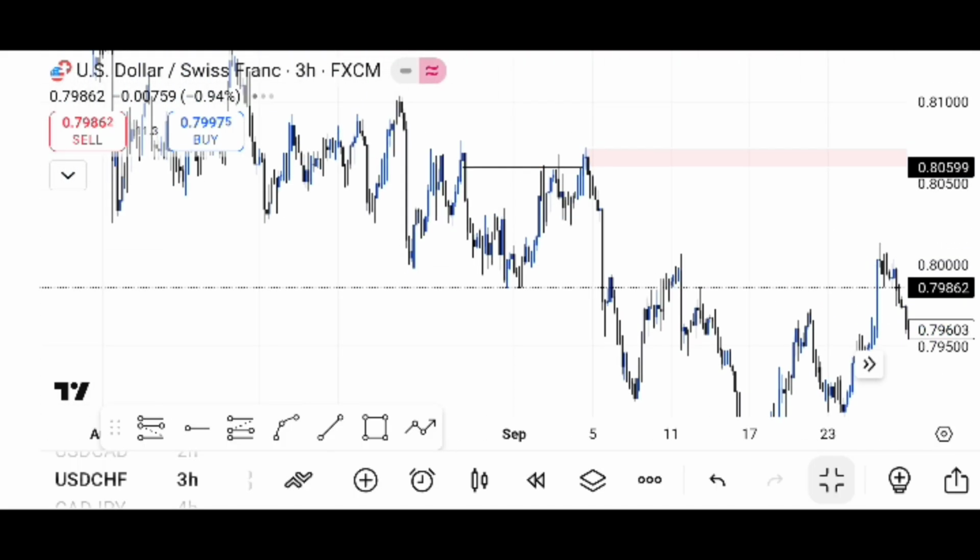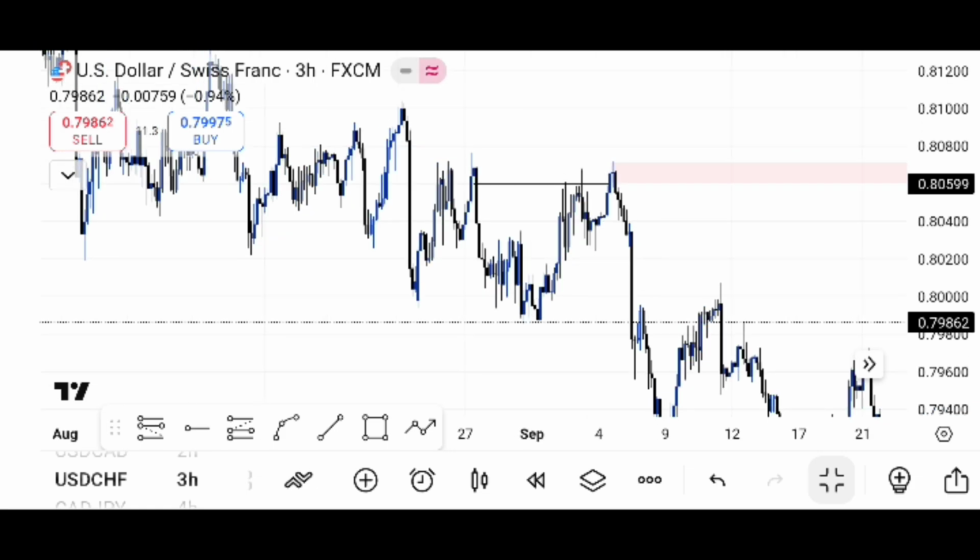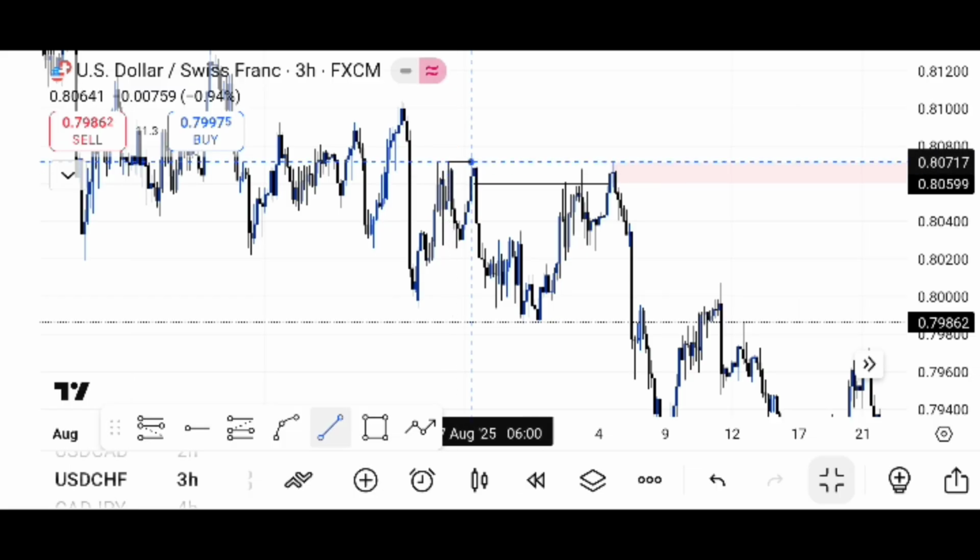So here, let's analyze what I was telling you about. Price here broke structure here. Right? Instead of it closing on top, it literally swept. So it's not really a break of structure, it's just a sweep of liquidity.